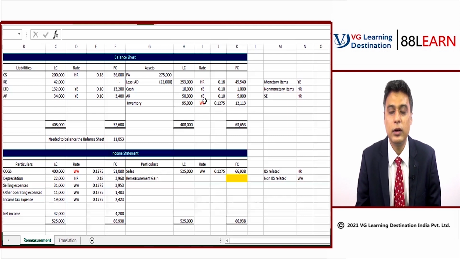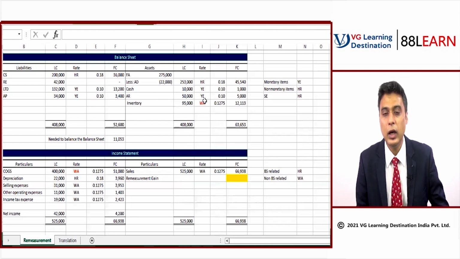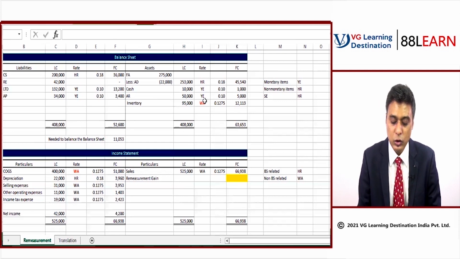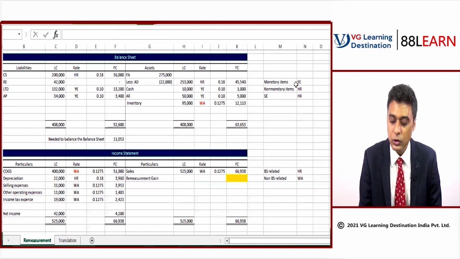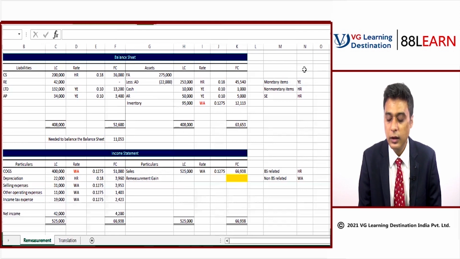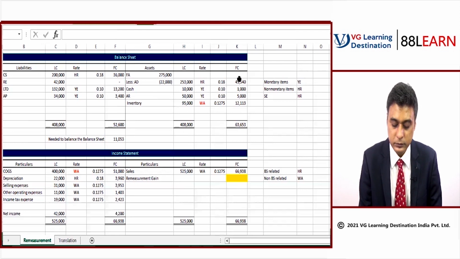They are not going to give you more because there has been inflation in the economy. Similarly, if you have to pay your creditors, you are going to pay the same $100,000 to them, even if you pay after 6 months. You're not going to pay them more because there has been inflation in the economy, right? So cash, accounts receivable, etc. are monetary, and therefore you're going to use the current rate, which is the year-end rate.